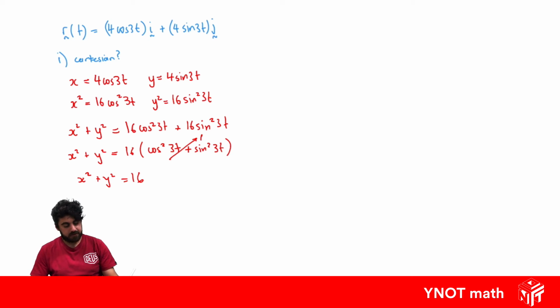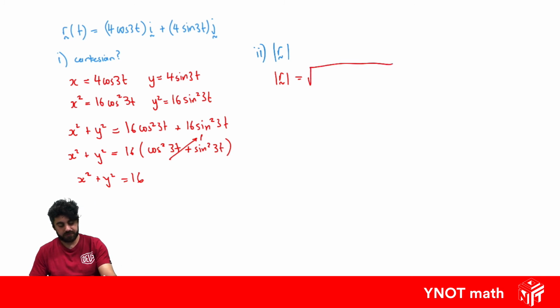So let's look at our second part, where we want to find the modulus of r. So all we need to do here is we know that if we want the modulus of r, we can just take the x component squared plus the y component squared, all square rooted. So that's what we're going to do here.